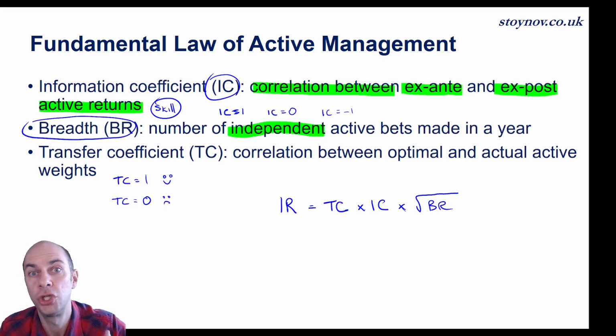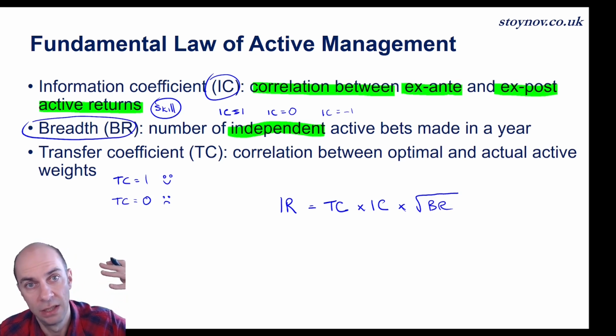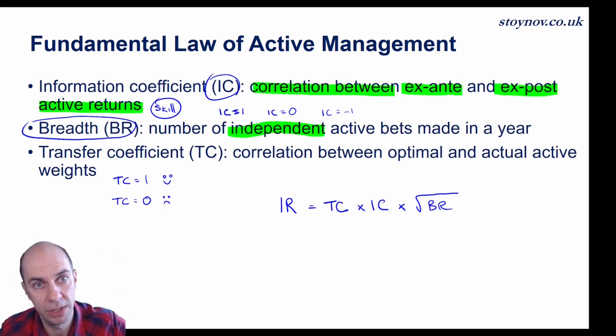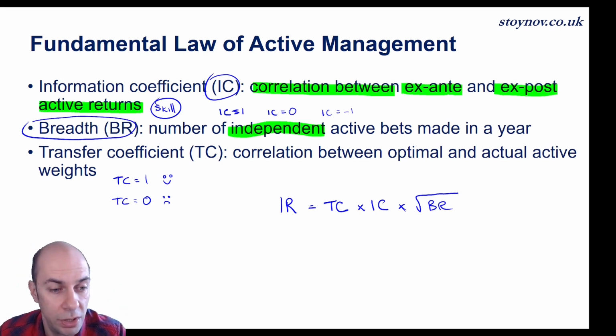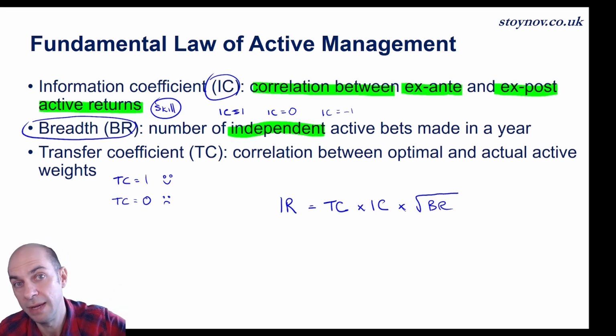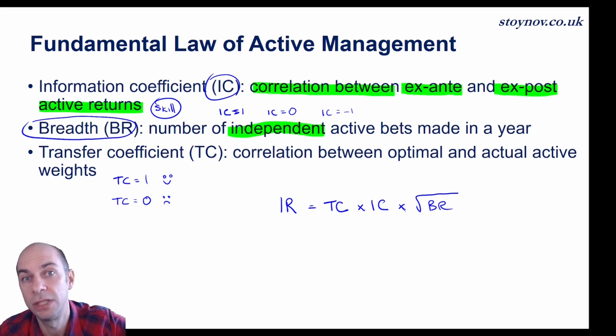If you have to be socially responsible, maybe you cannot invest in defense companies because they have to do with war, or tobacco companies, unhealthy alcohol, then your transfer coefficient is going to be dropping, even though those may be great investments from a dividend perspective.